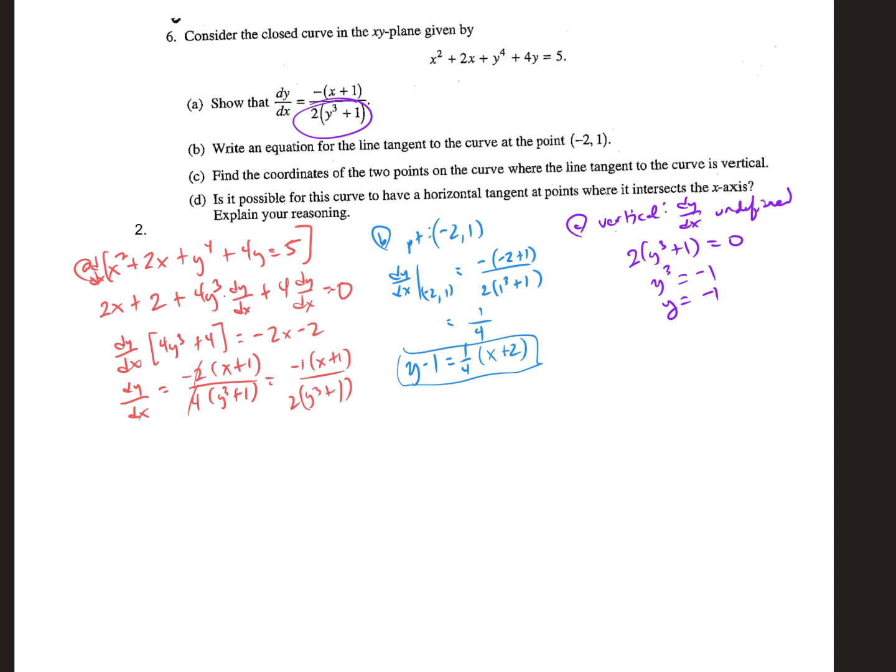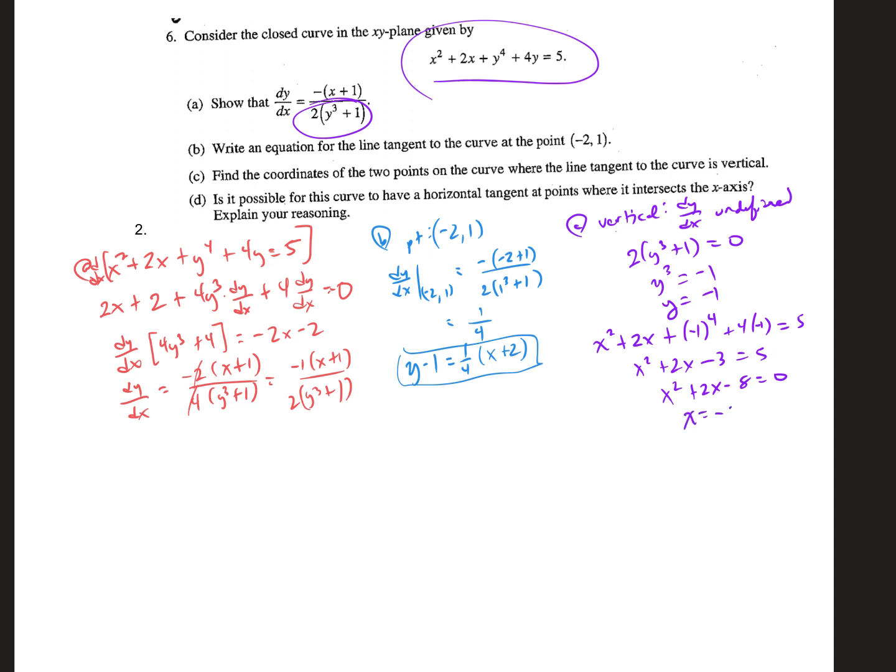Now this is on the curve, so I want to go back and look at the actual curve equation and find what the x's are when y is -1. That factors, and the two numbers I get out of that are -4 and +2 as solutions, not as factors. So then my points are (-4, -1) and (2, -1).